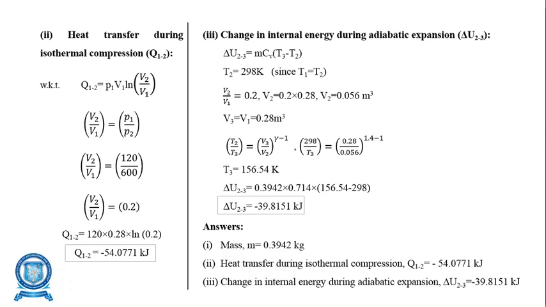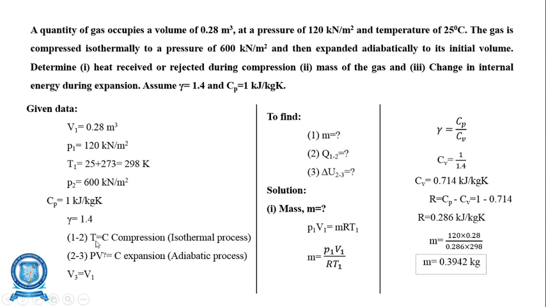Okay, then the last case: change in internal energy during adiabatic expansion. So delta U is equal to, as usual, the formula m Cv delta T. As you know, process 1 to 2 is isothermal compression and process 2 to 3 is adiabatic expansion.